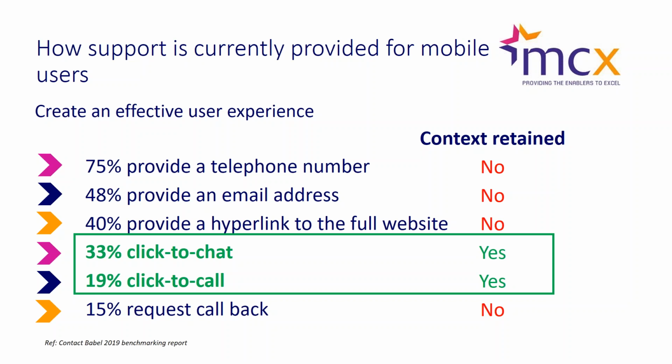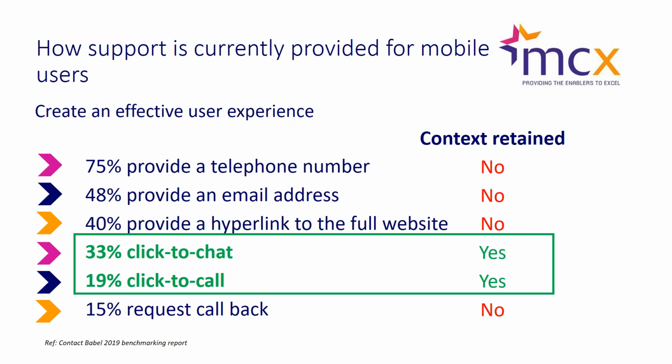So that's a very unjoined up experience, in that if you're having trouble with the online and digital capability, whether that's through a desktop, an iPad, or a mobile site on your phone, to then have to make a separate telephone call loses all of the context. So the customer then has to explain to customer service agents exactly what they were trying to do.